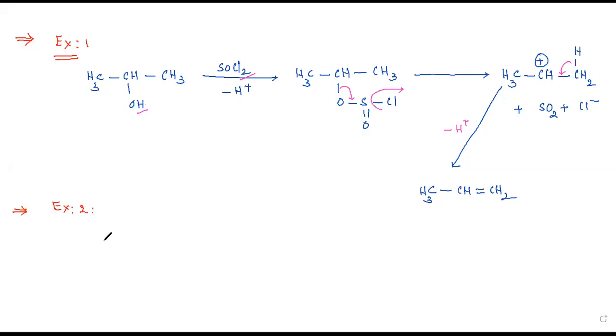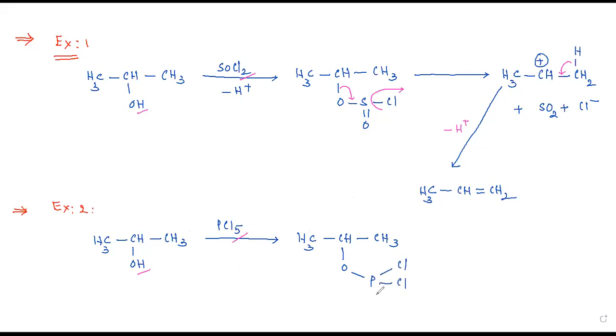See, with PCl5, remove H plus along with this, and of course you get a bond between these two, CH3, CH, CH3, then this O with phosphorus still having 4 chlorines.